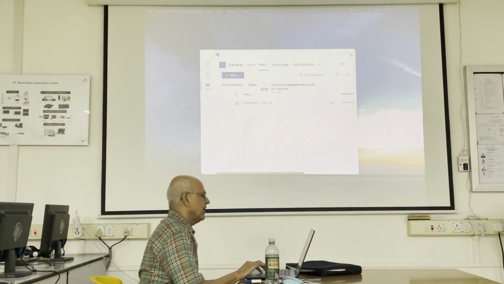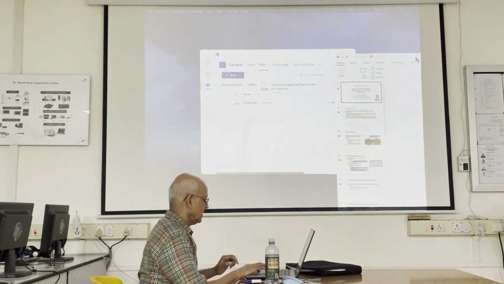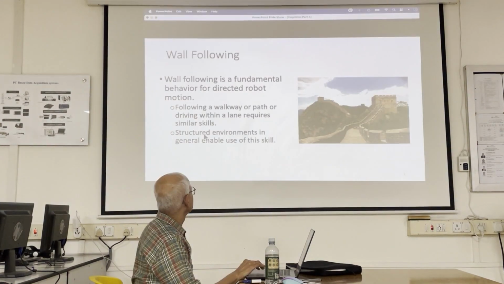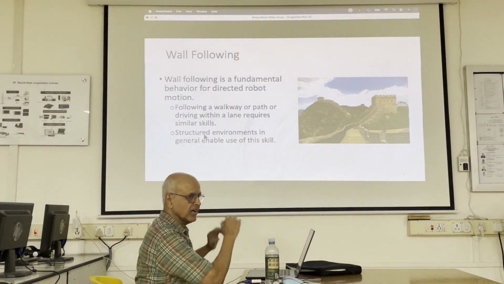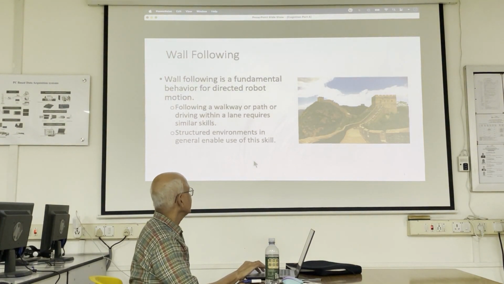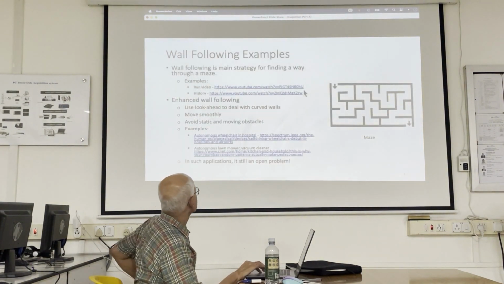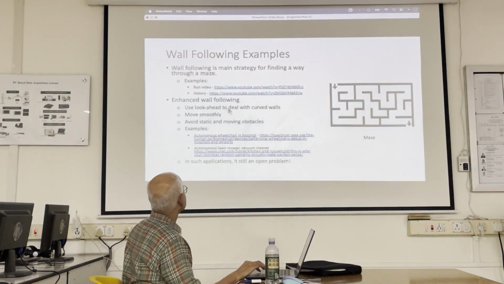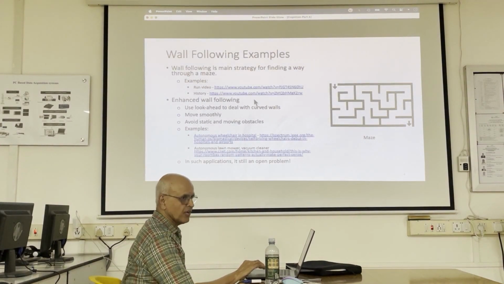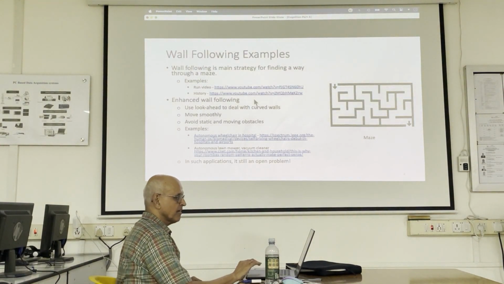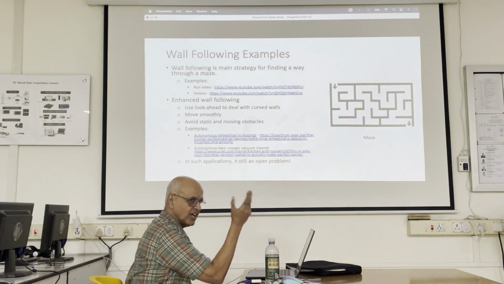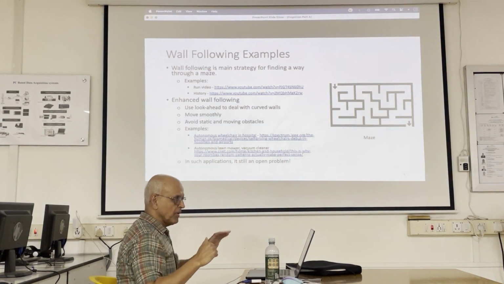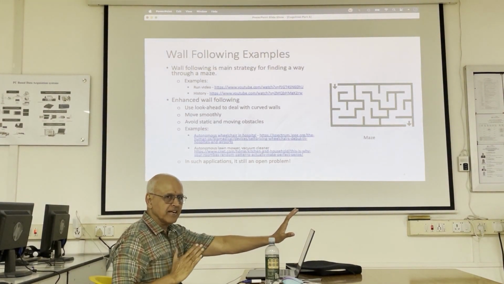Okay, so initially I had the wrong one put up. Now this is the right one. So wall following. That's where we got distracted, and we saw a couple of nice videos. You've already seen those. But now, if you want to have enhanced wall following, then if the wall is curving like this, you probably want to also look ahead so that you can start curving.